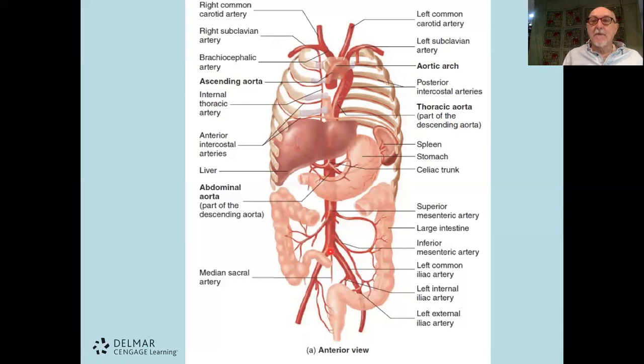At the bottom, in the pelvis, the descending aorta divides into two very big branches. I'm just going to ask you to remember the femoral arteries, that's all. The descending aorta branches into two, the femoral arteries, supplying each of the legs.